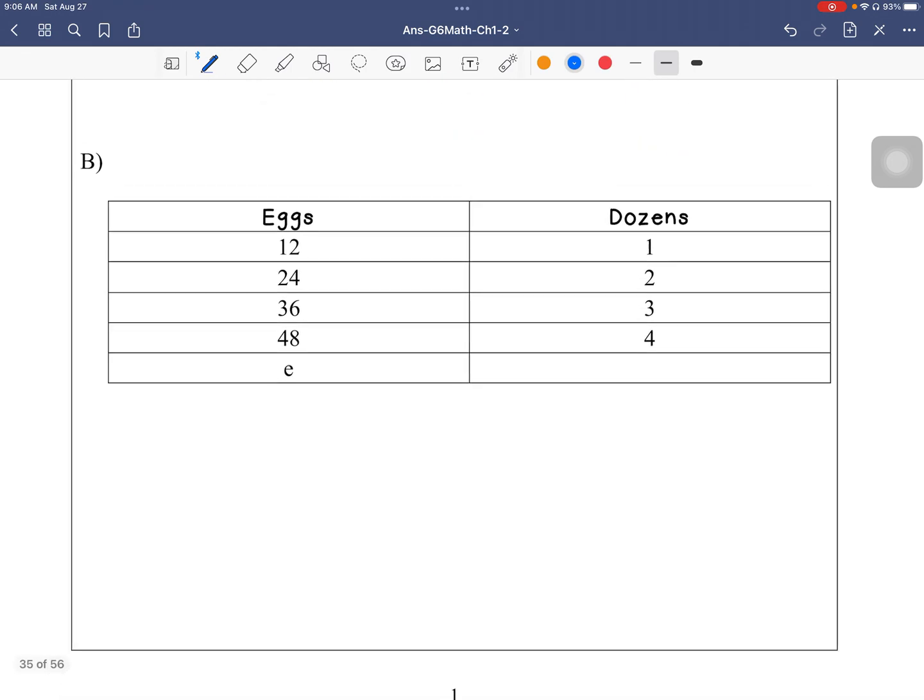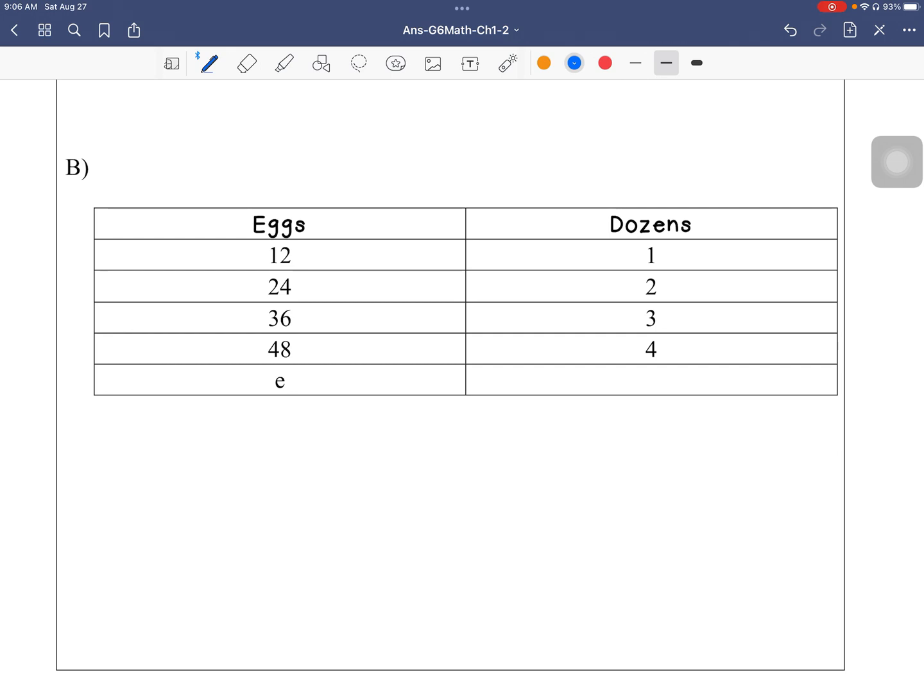Okay, so then in table B, we see eggs and dozens. We can clearly see that 12 eggs equals 1 dozen. 24 eggs will become 2 dozens. 36 eggs becomes 3 dozens. 48 eggs become 4 dozens.